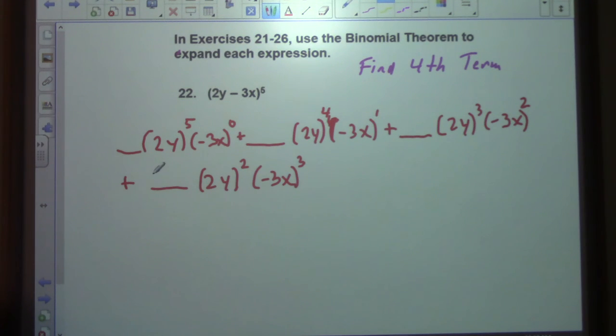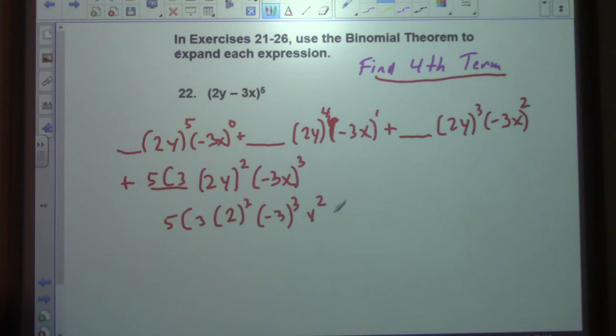So what we're going to do here is put 5 choose 3 right here. So our answer for our fourth term is going to be 5 choose 3 times 2 squared times negative 3 to the third power, and then y squared x cubed.